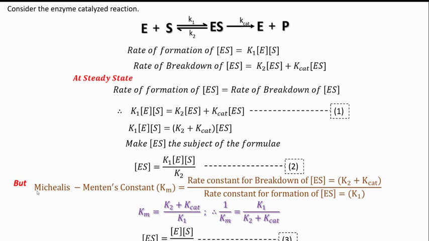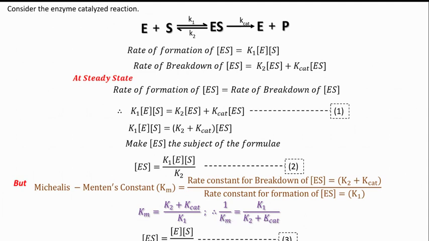So now we introduce another constant, which is known as the Michaelis-Menten constant, or you simply say the Michaelis constant. We say it is the rate of breakdown of ES, which is K2 plus K cat, all divided by the rate of formation of ES, which is K1. So we say that Km gives you K2 plus Kcat all over K1.